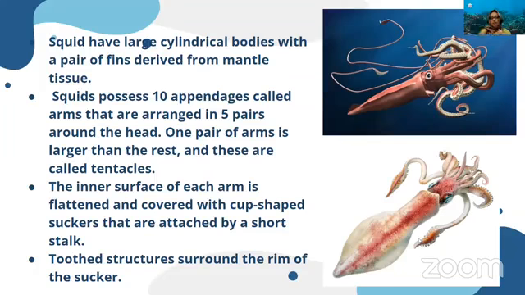The inner surface of each arm is flattened, and they are covered with cup-shaped suckers. Here you can see small cup-like extensions. They are called suckers. In the suckers they have two structures, in rings.